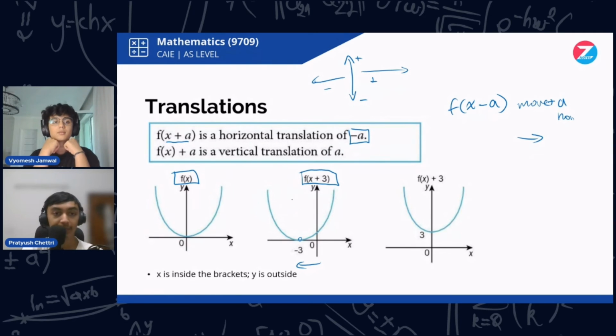And now let's look at vertical translations. Here we have f of x plus 3. For y translations, outside the brackets, you don't need to worry. They're exactly as they are. If you add a, it moves it up by plus a. So you add 3, it moves it up by 3. Subtract 3, it'll move it down by 3. Same story.